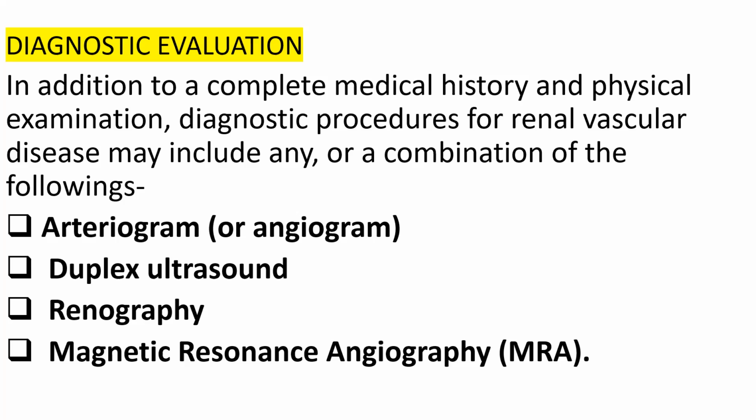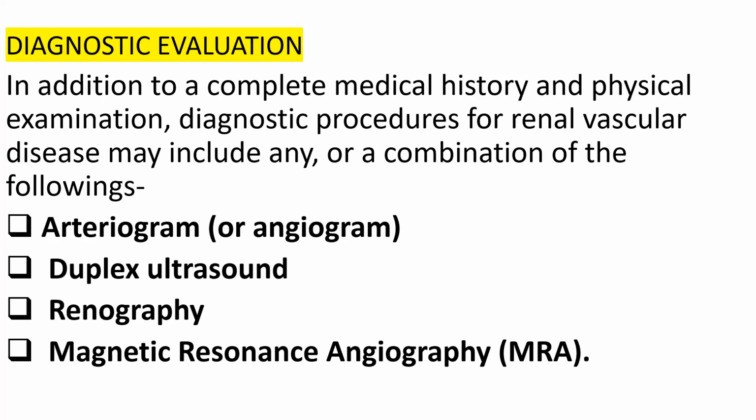What you just need to know is that magnetic resonance angiography, from the name itself, uses two combination tests. The first is MRI, along with intravenous contrast dye. With a combination of these two tests, they perform this magnetic resonance angiography.